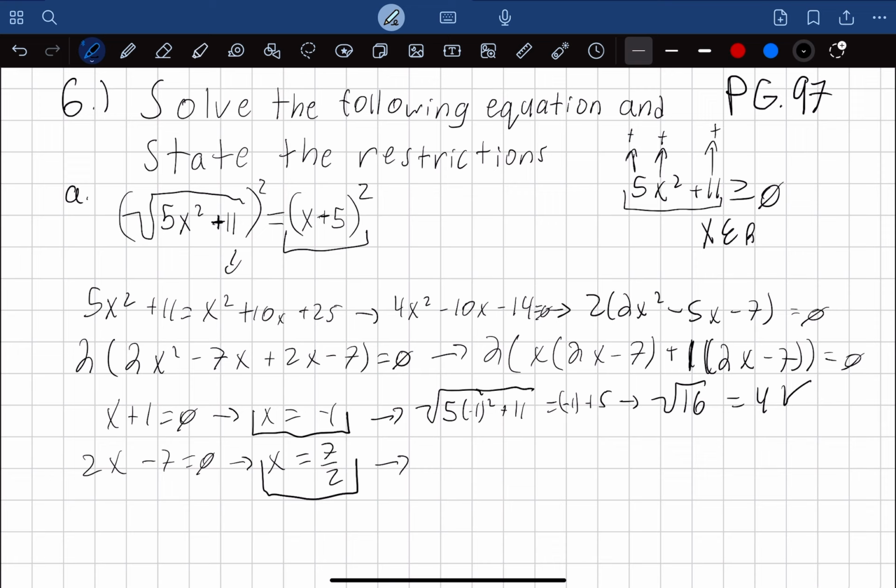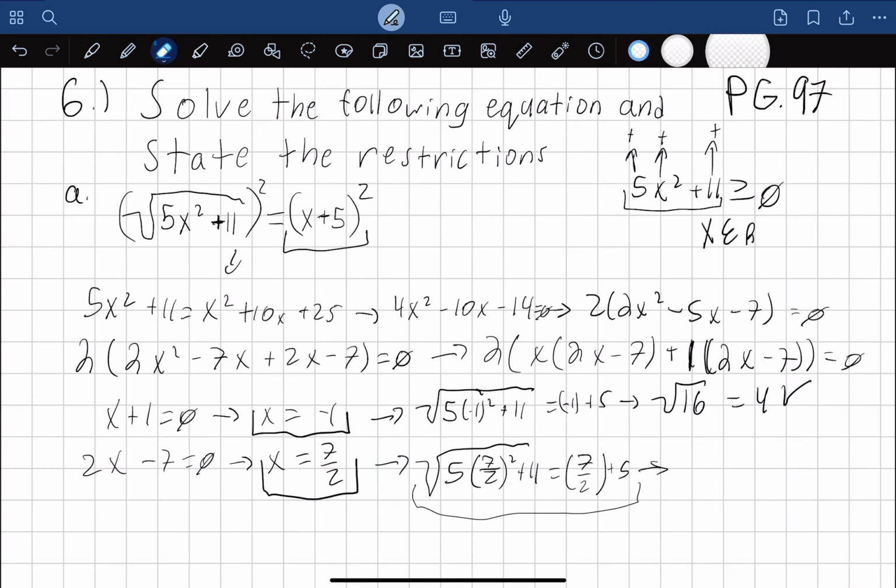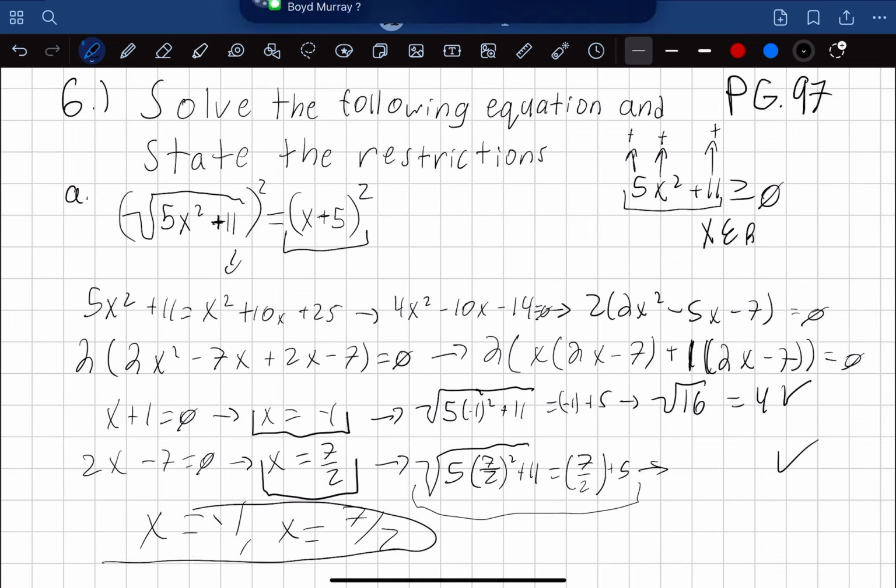And then here, you can put this in, 5 times 7 over 2 squared plus 11 equals 7 over 2 plus 5. And just to save some time, I'm not going to fully put this one in because we know that it's a valid answer, but that is what you would have to do if this were, say, an exam. But for the time being, x equals -1 and x equals 7 over 2 is our final answer.